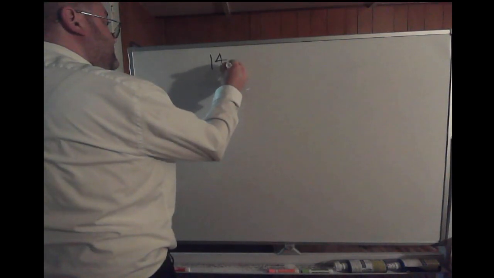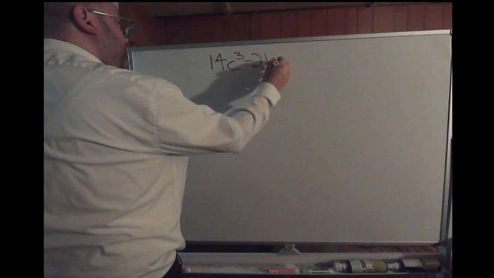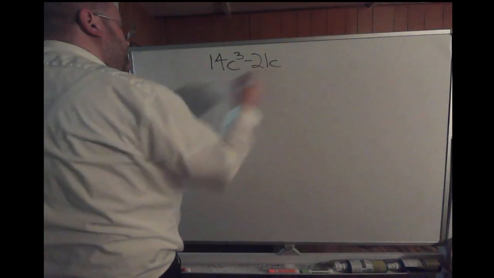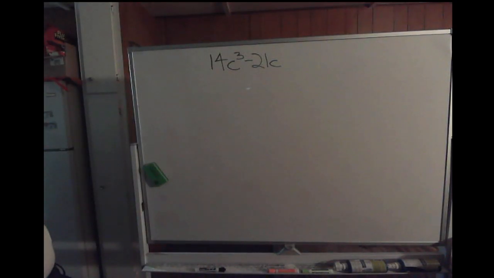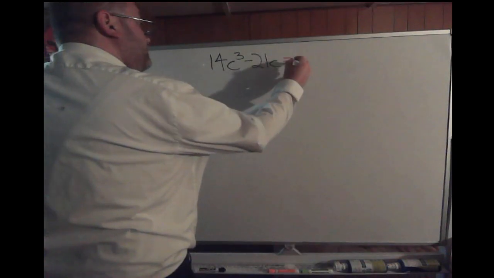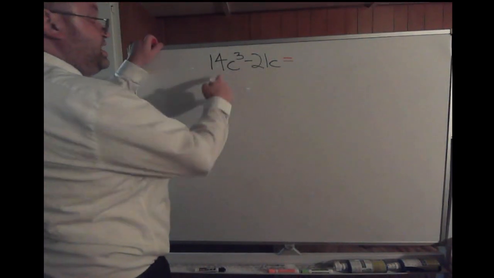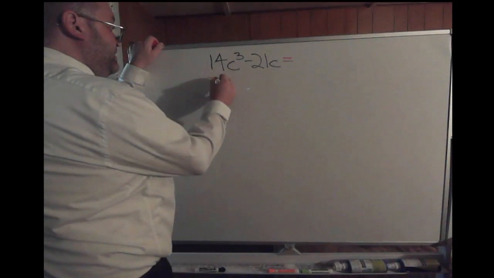Alright, we have 14c cubed minus 21c. Well, again, start with the constants. What do 14 and 21 have in common? They have a 7 in common.